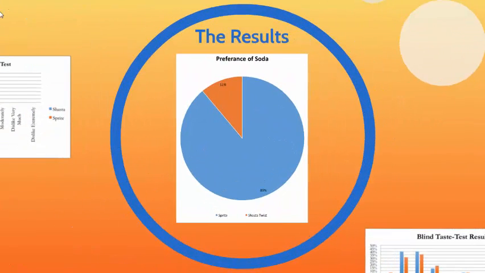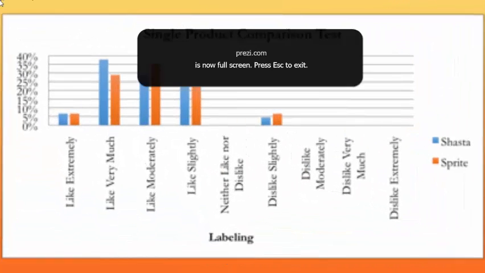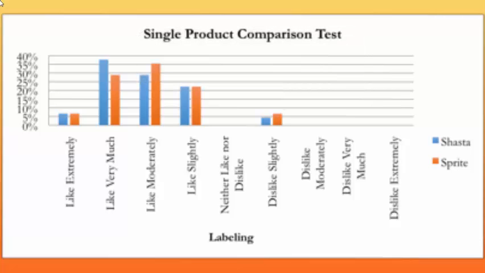And as for our results, this is the single product comparison test, and as you can see we have the 8 different categories running along the horizontal axis here, ranging from like extremely to dislike extremely, and the legend on the far right illustrating Shasta as the blue bar and Sprite as the orange.